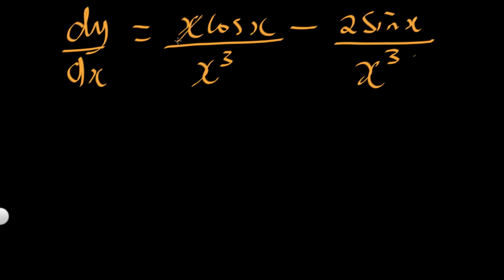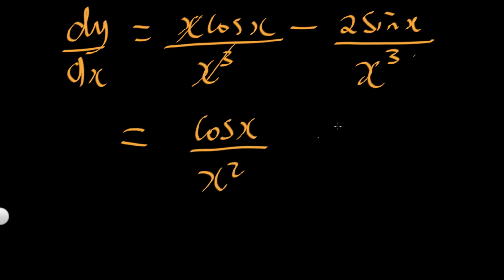From here, we are allowed to cancel here again, such that our final answer will just be cos x over x squared minus 2 sine x over x cubed.